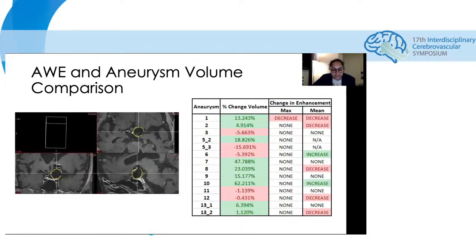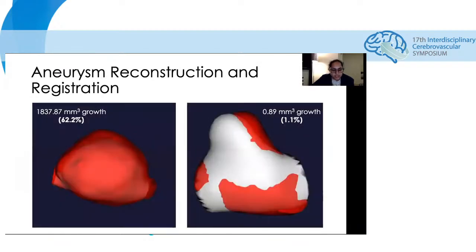So we also looked at aneurysm wall enhancement and how that compares to the aneurysm volume. On the left, you can see our methodology for choosing a region of interest around the aneurysm wall. This goes back to that left ICA supraclinoid aneurysm here. So that's our aneurysm.